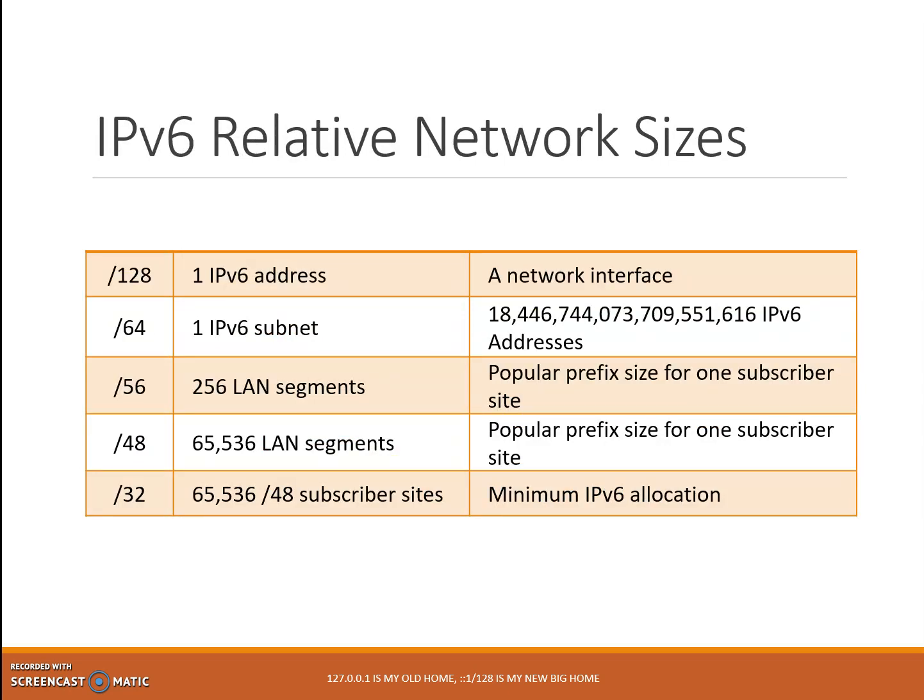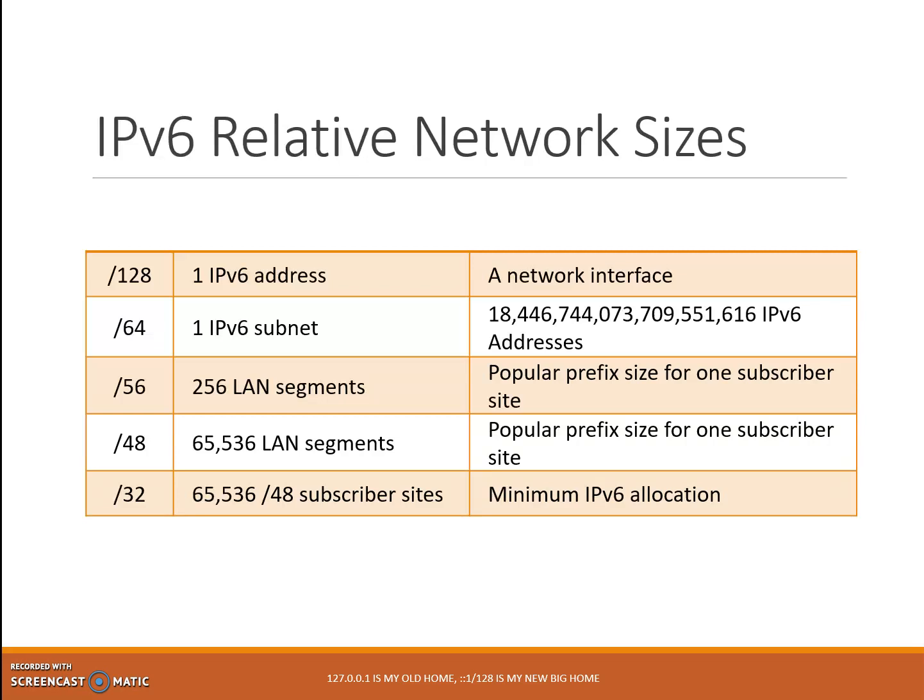This is from the RIPE NCC assignment policy table. Currently, most ISPs assign a /48 network prefix to their subscribers, because all IPv6 networks have a 64-bit prefix. A /48 network prefix allows 65,536 subnets within the customer site.